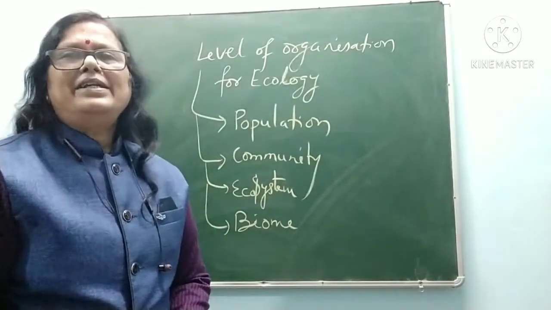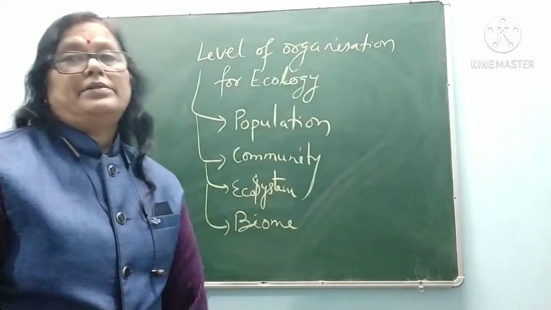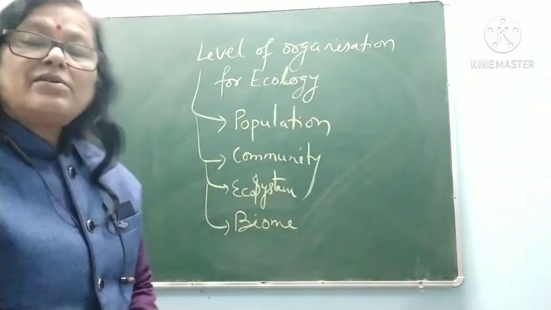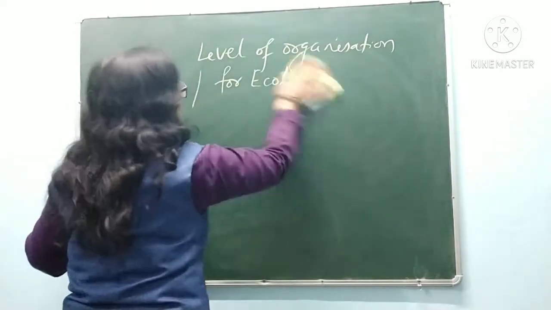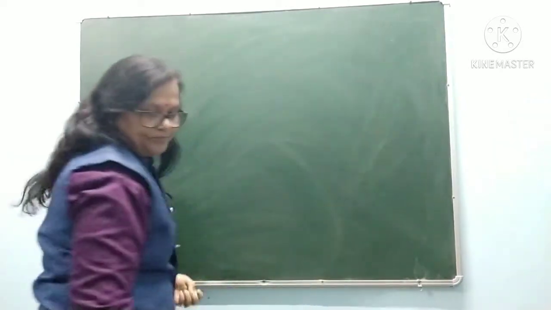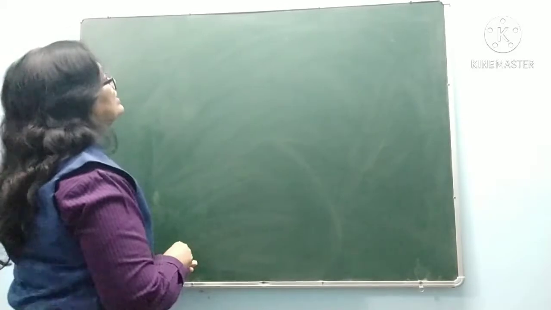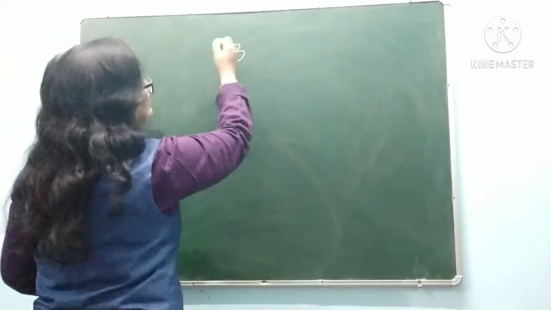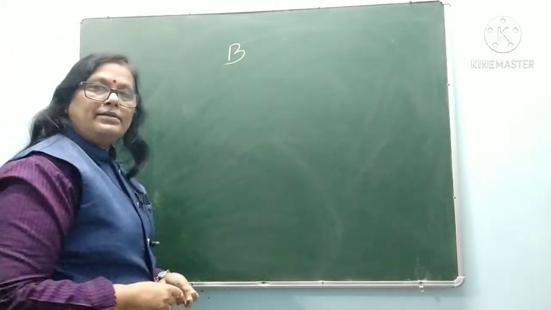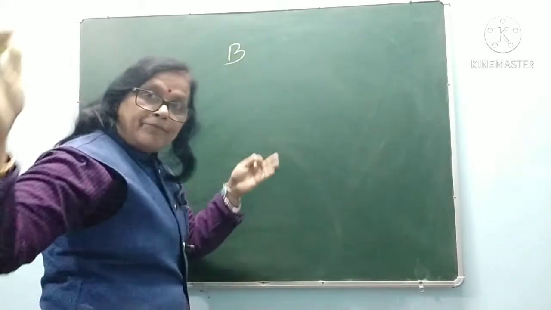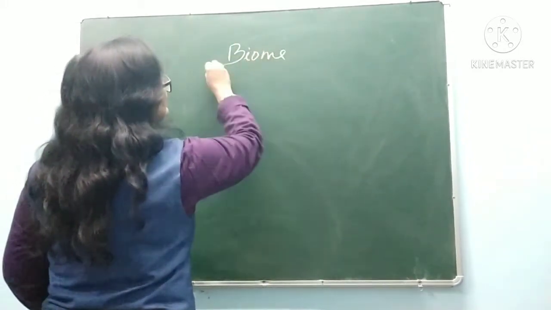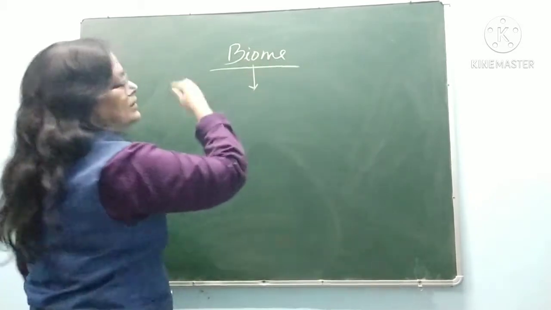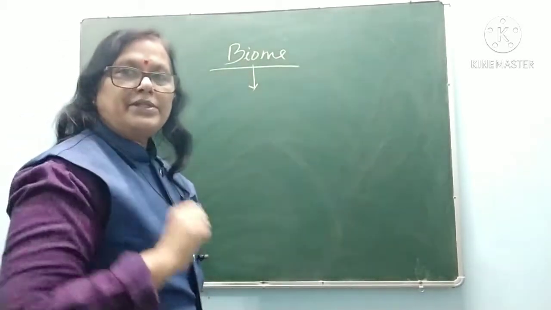So let us have an idea about different kinds of biome which exist on this earth. If you see, biome is the larger level of organization in a given geographical area. You may remember by one equation.